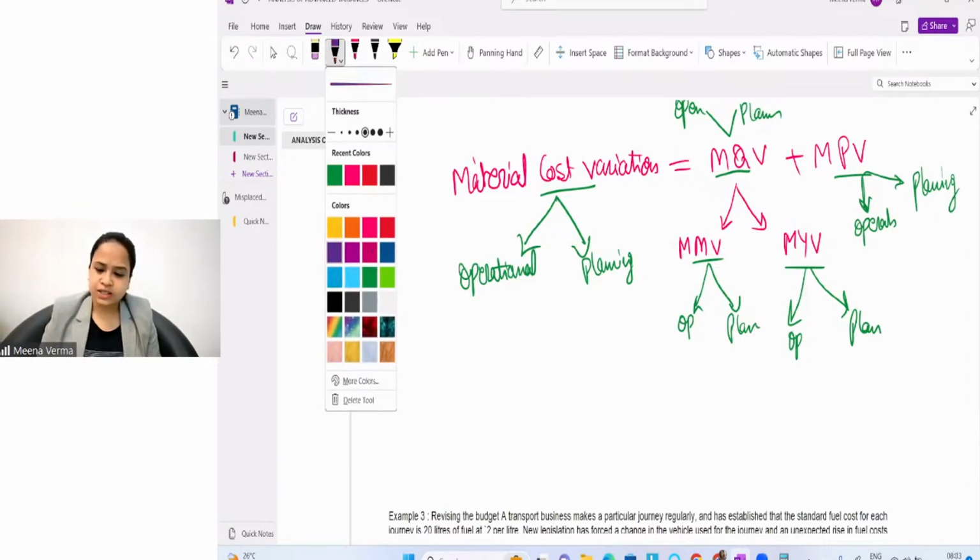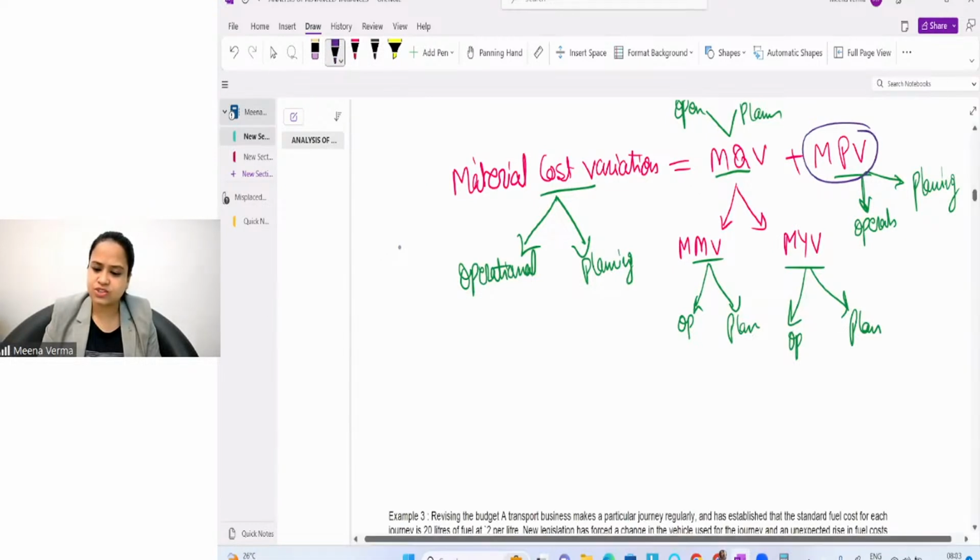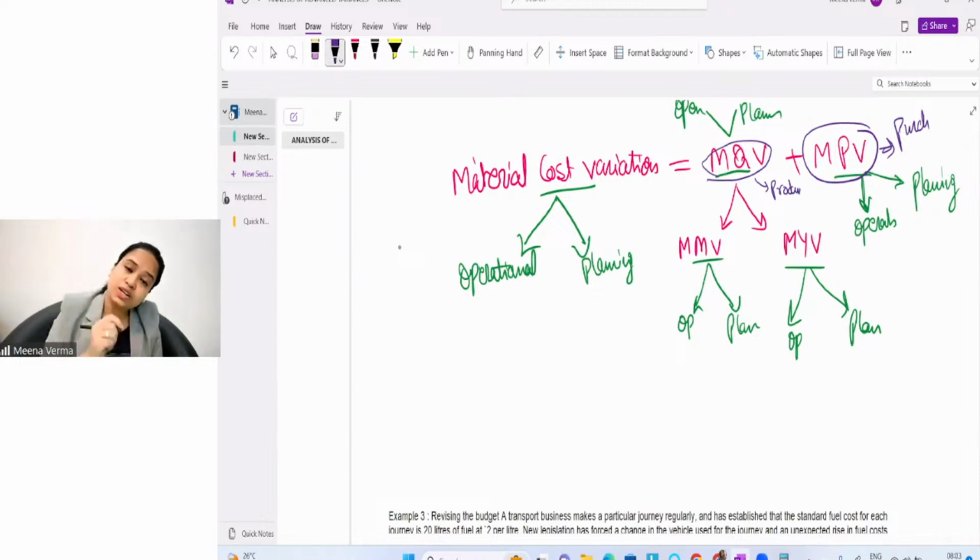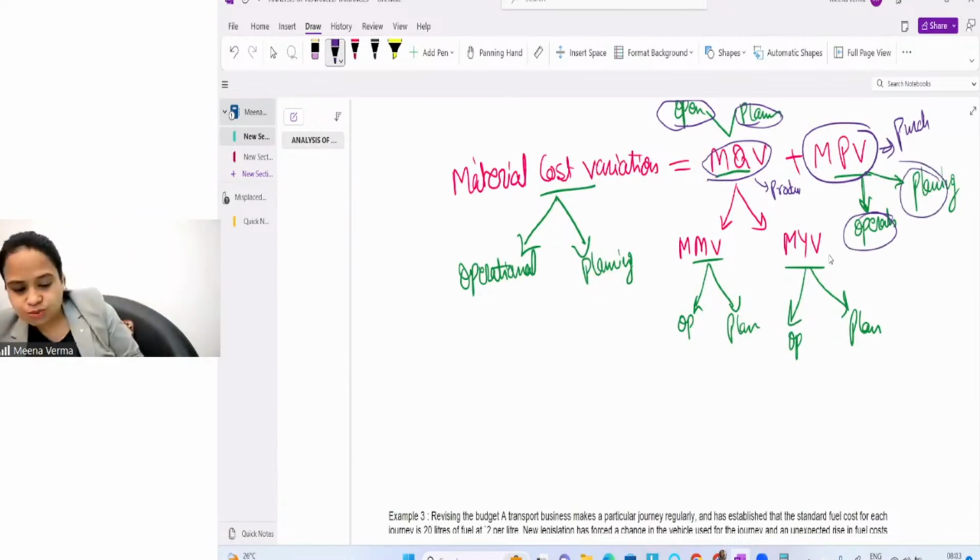We have studied that for quantity variation, only the production manager is responsible. But now what are we studying? It is not just the production manager who has responsibility, but the strategic level manager is also responsible. It is not just the purchase manager, but the strategic level manager also is responsible for it.